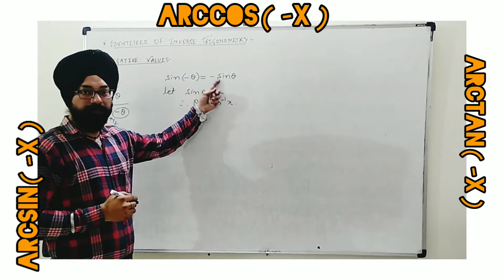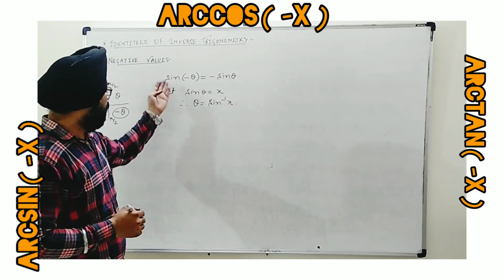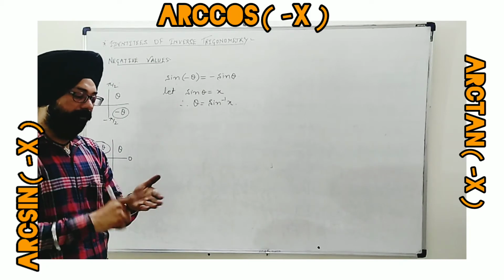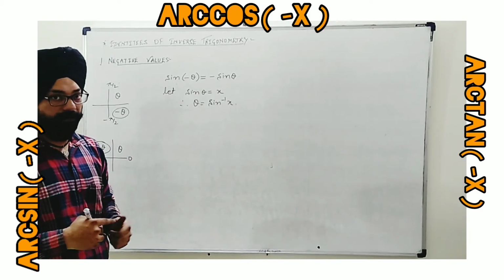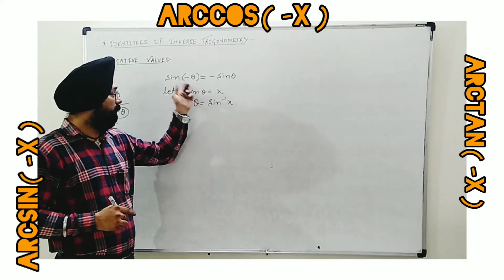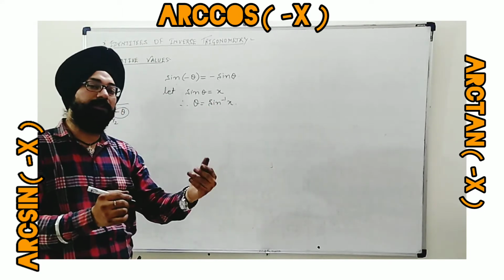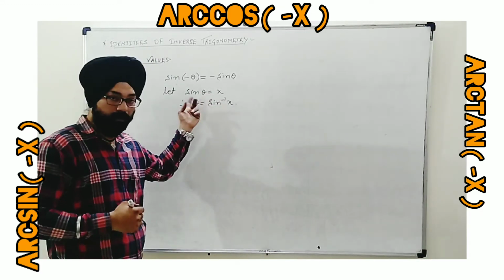The relation which we started with is to be converted completely into inverse trigonometric form. Wherever we have a trigonometric function, we will convert it to an inverse trigonometric function, and theta will not be available. Now we will convert that theta as x, the value we have taken equal to sine theta.